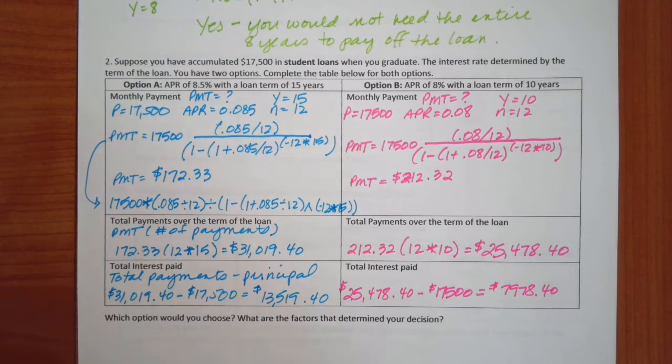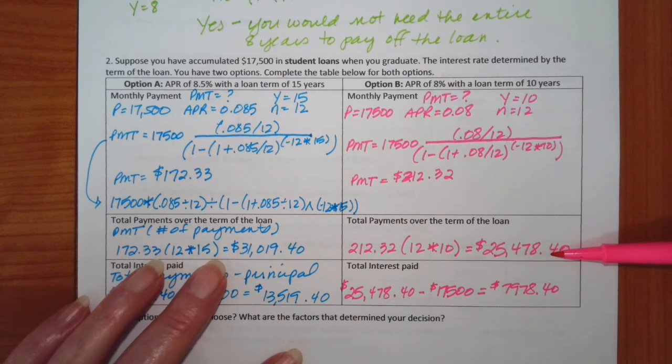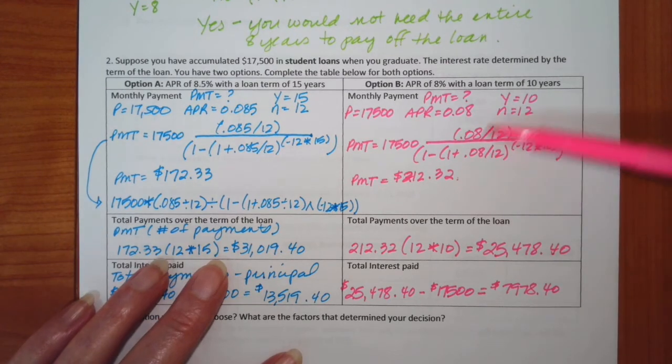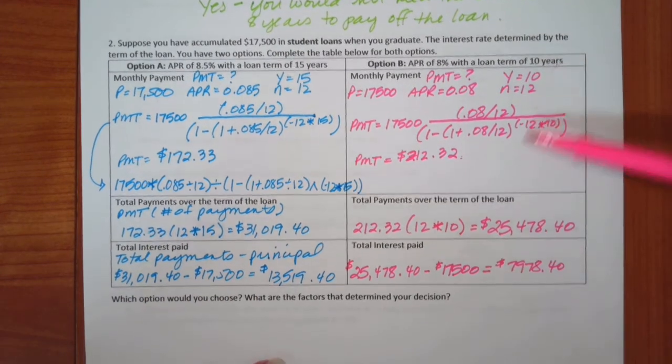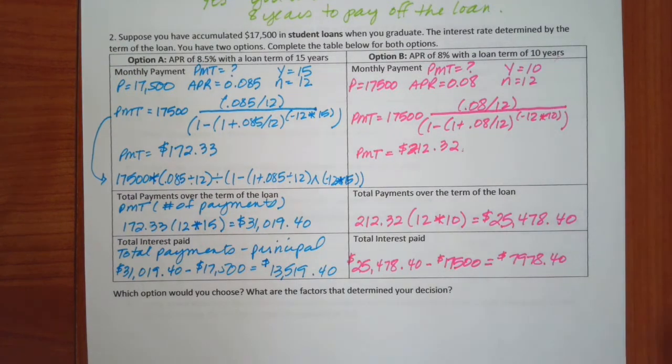So you can see there's a substantial difference in the total amount that you pay for the loan. But the payments are more and the term is less. Now, what are the factors that you would use to determine your decision?